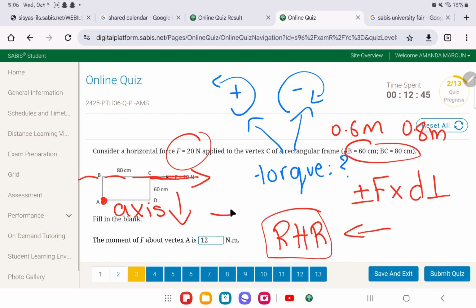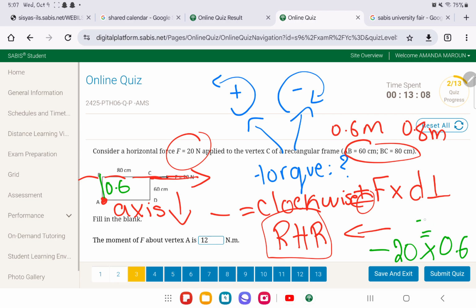And we said if it is negative, then it is a clockwise direction. So it is going to be negative F times D. So it's going to be minus our force, which is 20, multiplied by the perpendicular distance, which we got last time, which was 0.6, and we are going to get negative 12 Newton per meter.